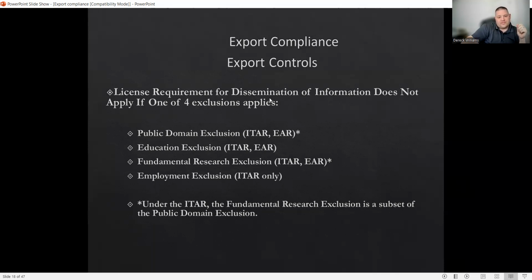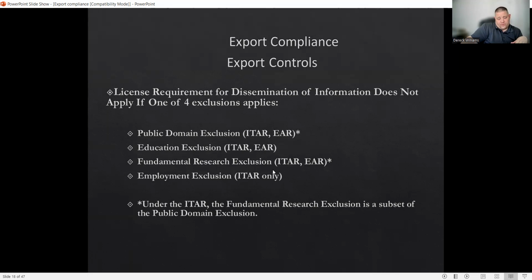Let's see, license requirements for dissemination of information do not apply if one of the 4 exclusions applies. So you don't need a license if there's a public domain exclusion, meaning that the information or technology exists in the public eye, and anybody can have access to it. If there is a specific education exclusion, the documents that govern ITAR list several education exclusions.